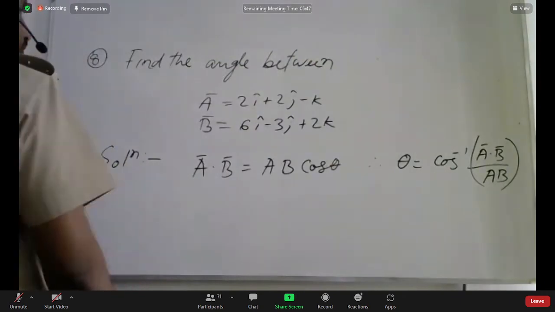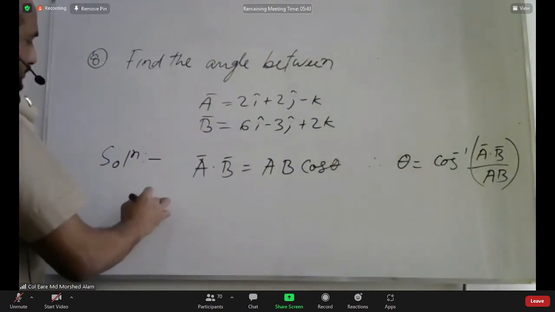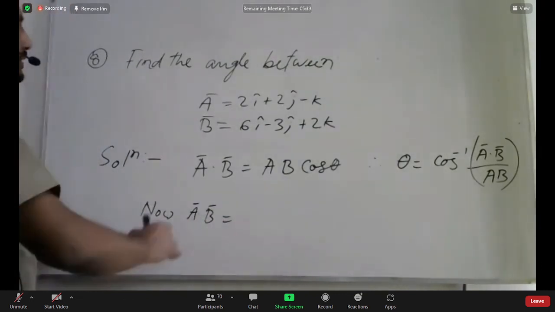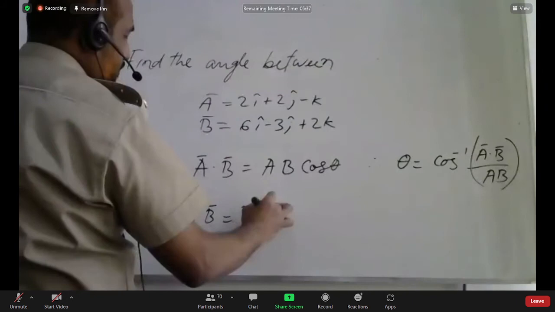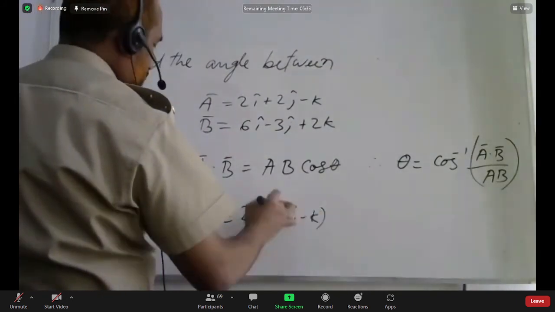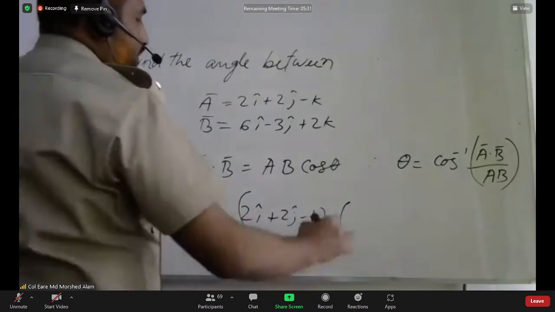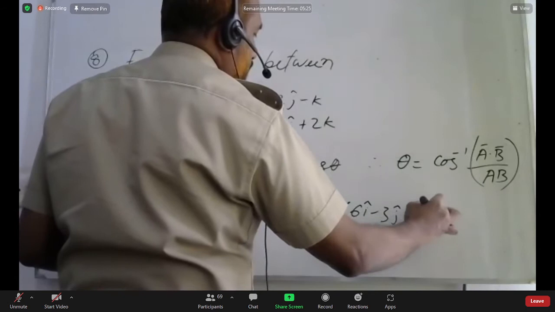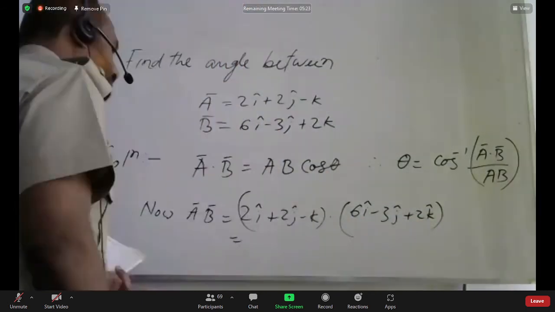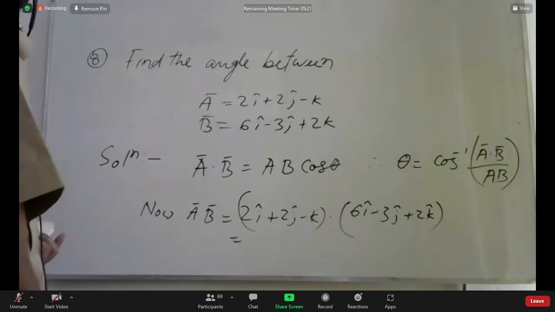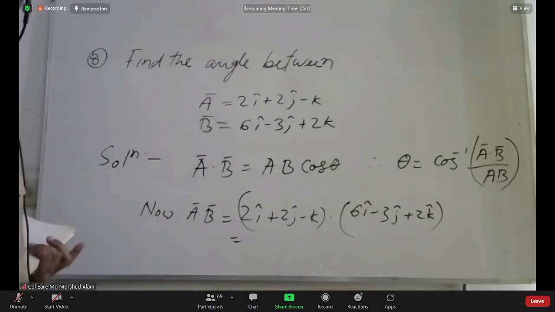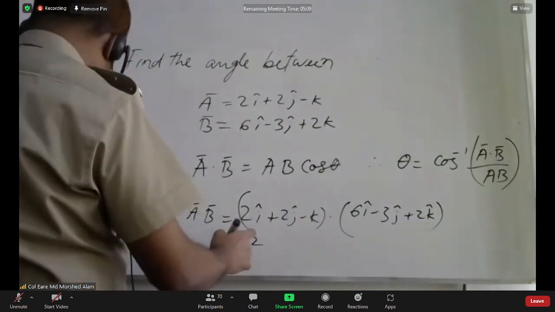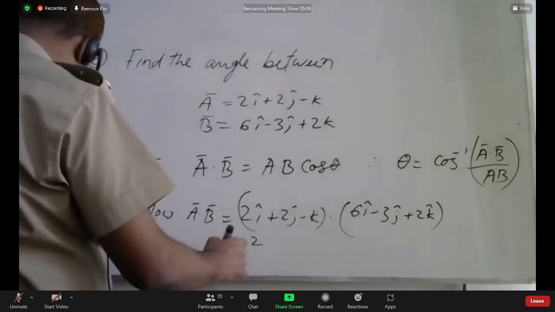So now you find out what is A dot B. A dot B is equal to (2i plus 2j minus k) dot (6i minus thrice j plus 2k). Sir, 12 minus 6 minus 2.